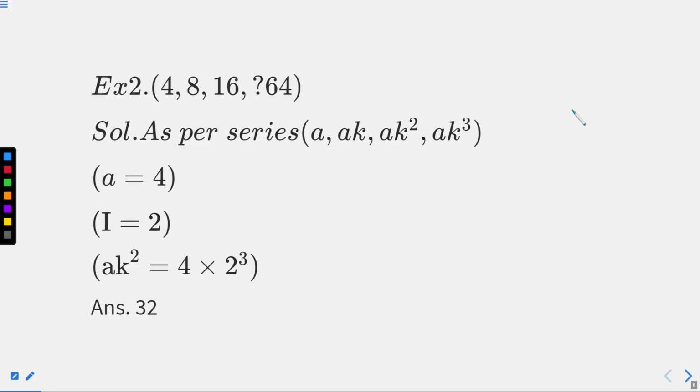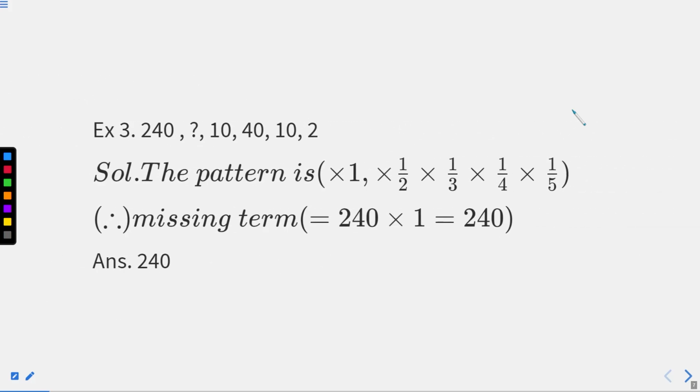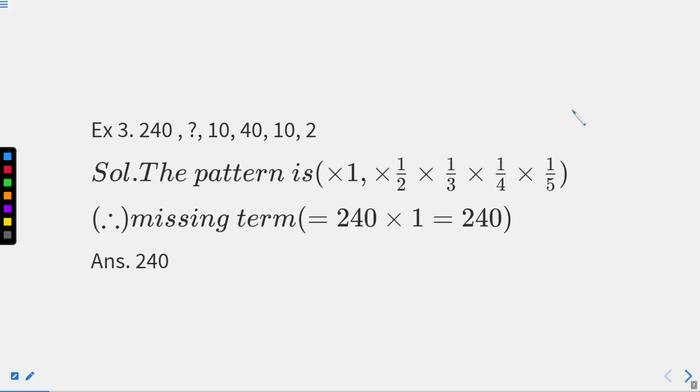If we look for some more examples dealing with different kinds of problems, we are able to find different ways to solve this sequence. Here we have a good example in which the power factor is dividing, the power factor is in the denominator. So we have the series 240, then a missing value, then 10, then 40, followed by 10 and 2 again.